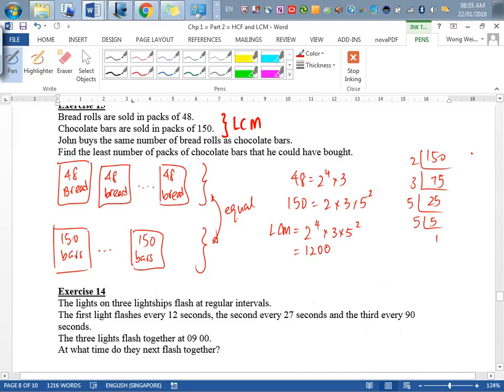Okay, what does this number represent now? Ayman, what do you think? What does this number represent over here? This number, 1,200. Okay, this is the number of chocolate bars.